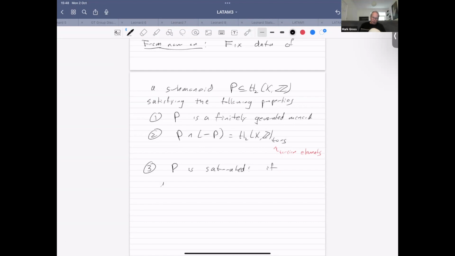If you have some element A in H2 of X, Z with N times A in P, for some positive integer N, then A is also in P.